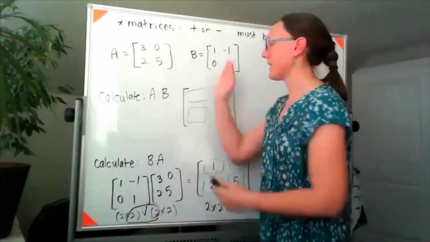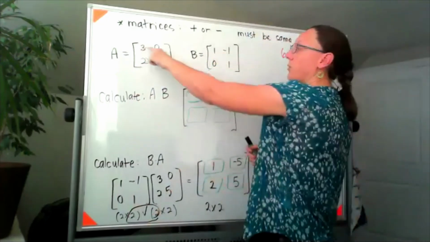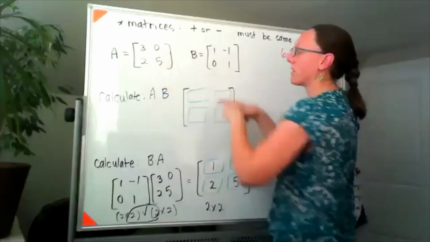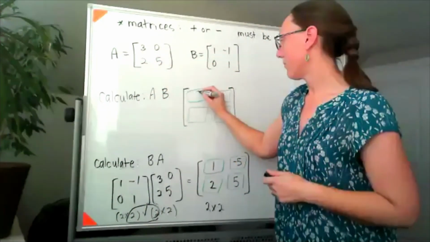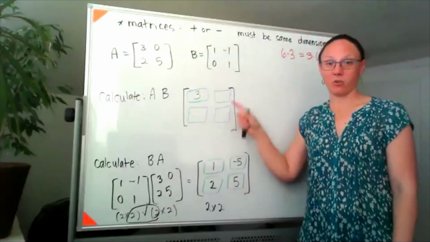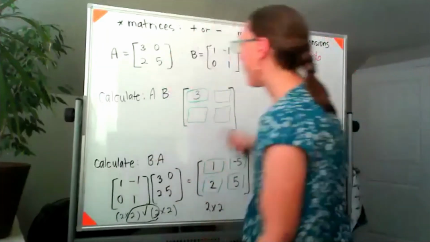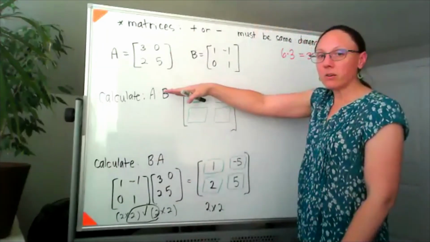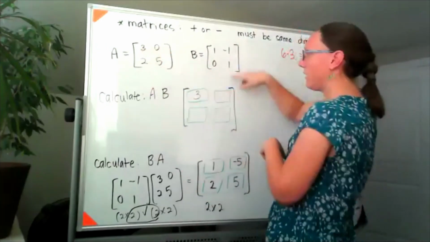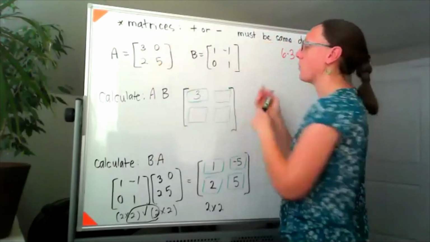Here, sorry, row 1, column 1. So I need row 1 times column 1. I'll have 3 times 1 plus 0 times 0. Well, already that's enough to say these are not the same matrix, but I'll keep going. Row 1, column 2. 3 times -1 plus 0 times 1.